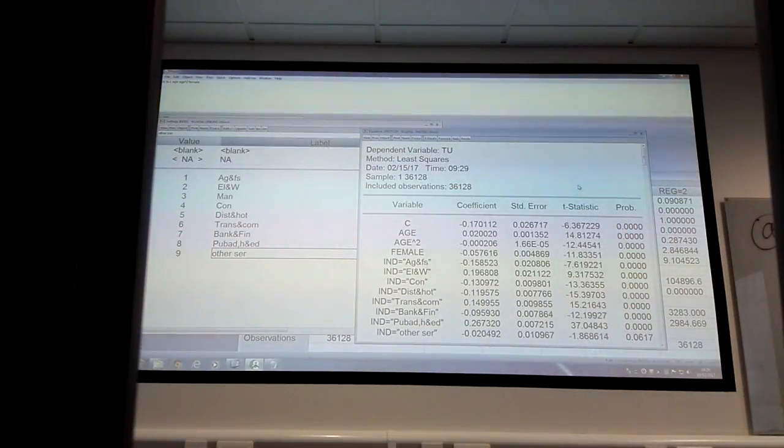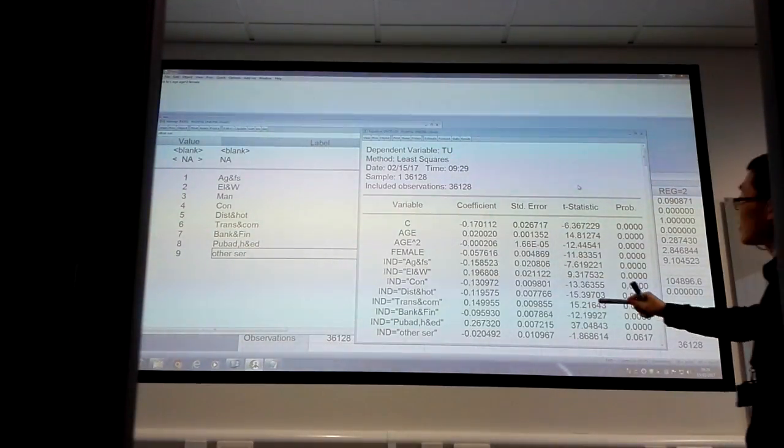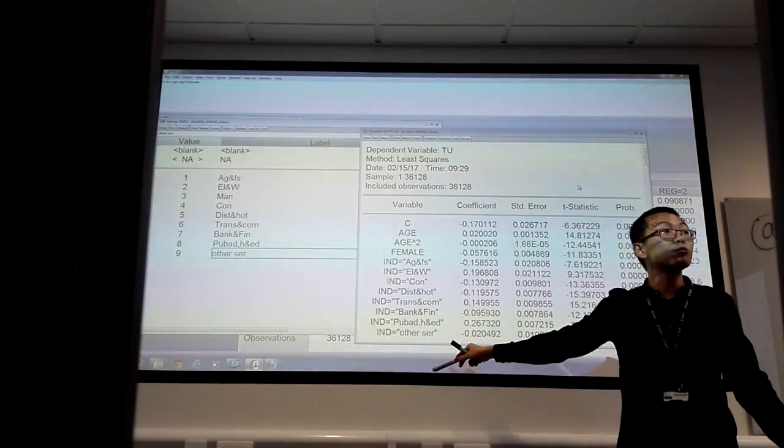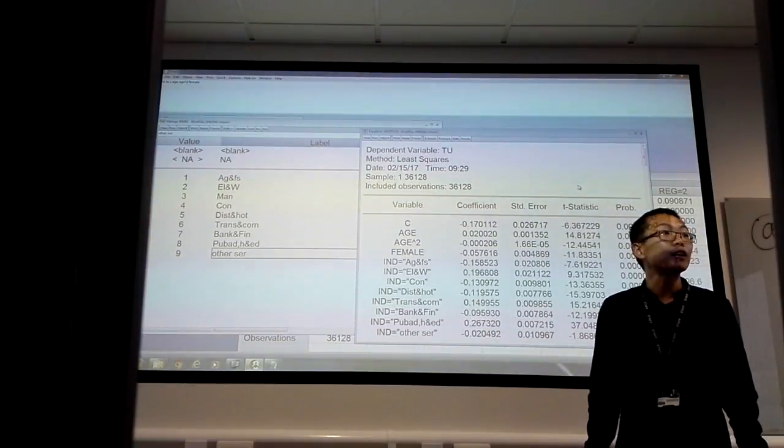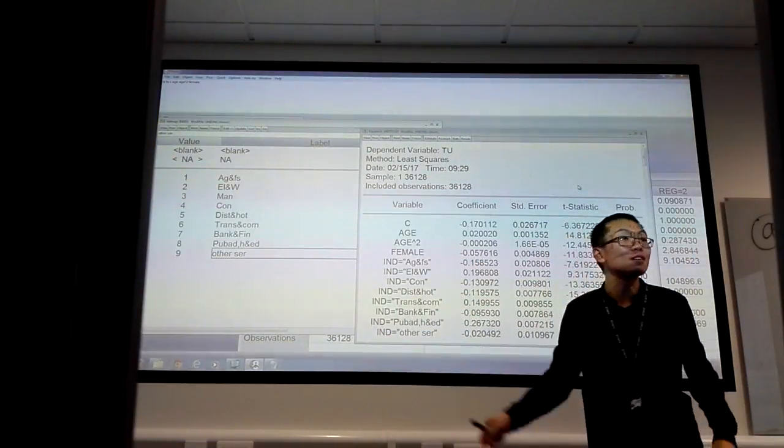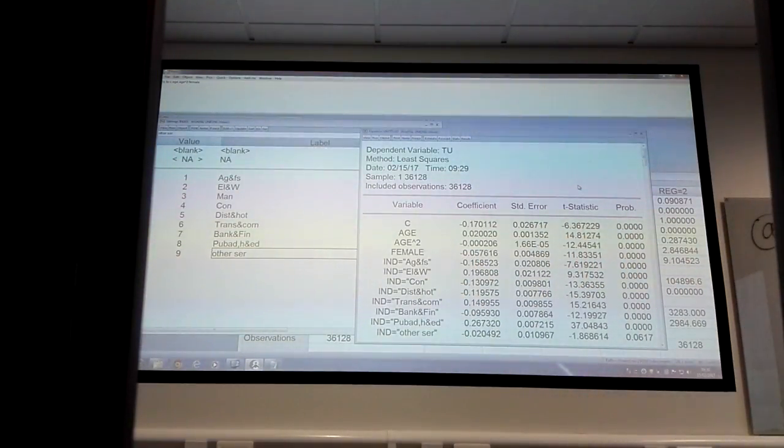In here, the third category is the manufacturing sector. So you just drop when that value is equal to 3. Then automatically you can see it still throws in all the dummy variables except for the dummy variable for the manufacturing sector. There will be no label coming from the manufacturing sector.